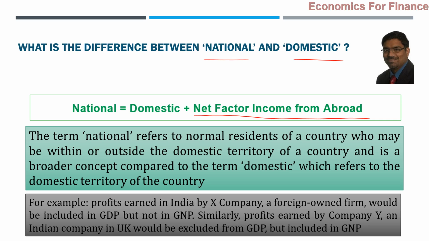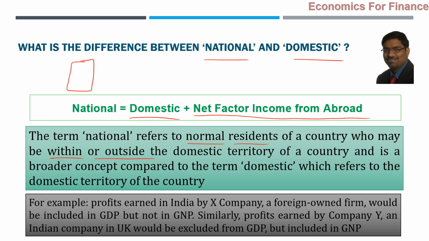Now let us understand the concept of it. What does domestic mean? As we observed earlier, when we say domestic, it was the value addition done in a particular domestic territory only. But when we say national, it refers to the normal residents of a country who may be within or outside the domestic territory of a country.